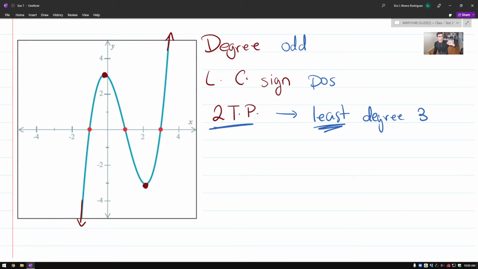It has to be at least one greater than the number of turning points, but it also needs to meet the condition that the degree is odd or even, depending on the end behavior of the graph of the polynomial function.